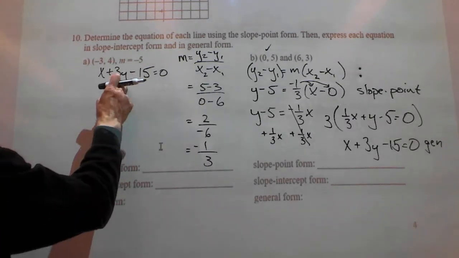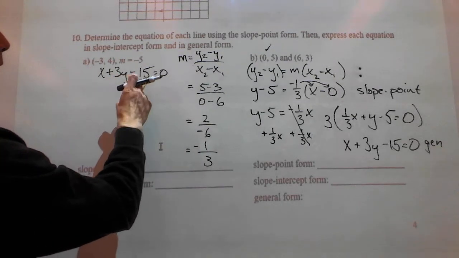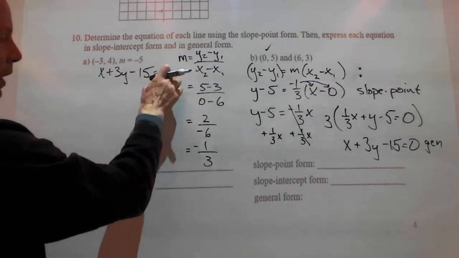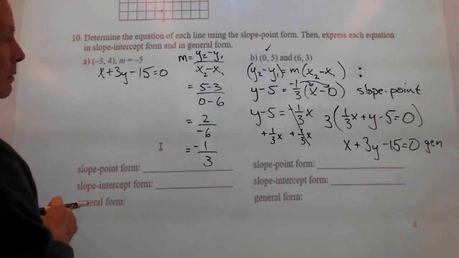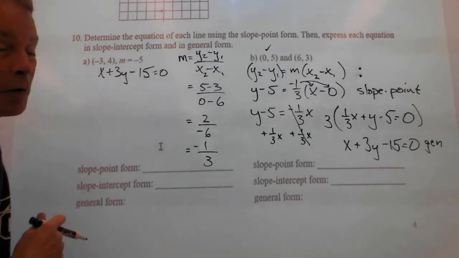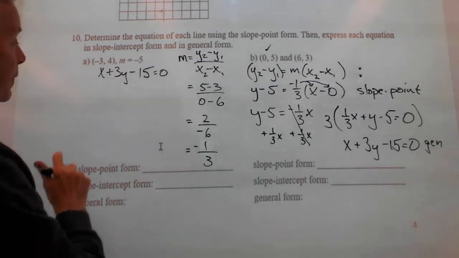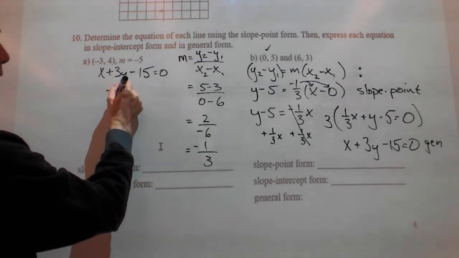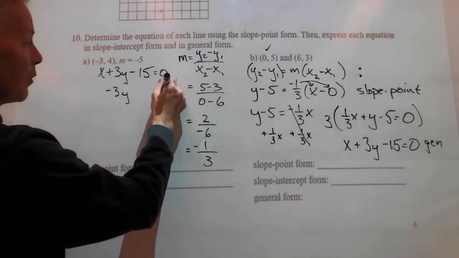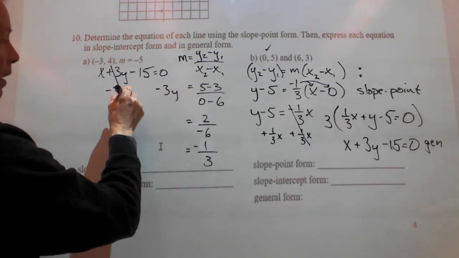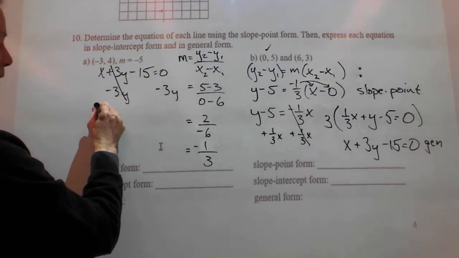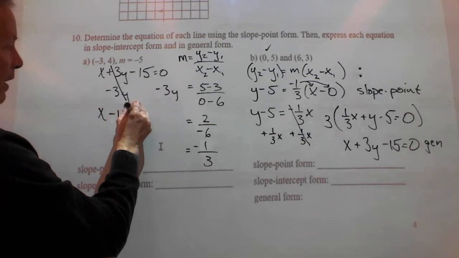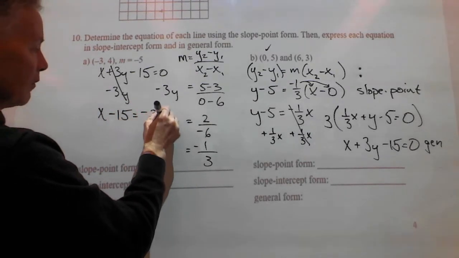So in other words, we want to isolate y. Well, we could either move this 15 and this x over to the right, or we could just move the 3y over to the right. So I'm just going to move the 3y over to the right. I'm going to subtract 3y from both sides. It goes away from here, and you end up with x minus 15 equals negative 3y.